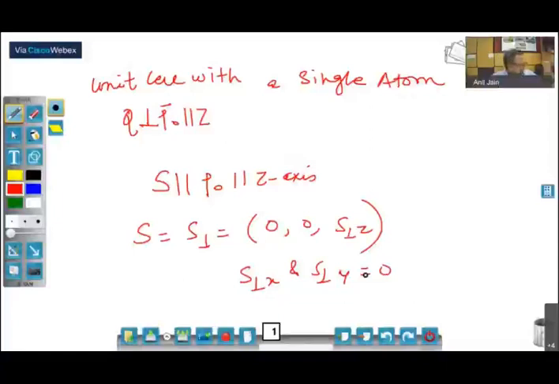Then I can write the differential scattering cross section for the non-spin flip process. So it means I have a single crystal in which my magnetization or S is aligned along the Z direction.